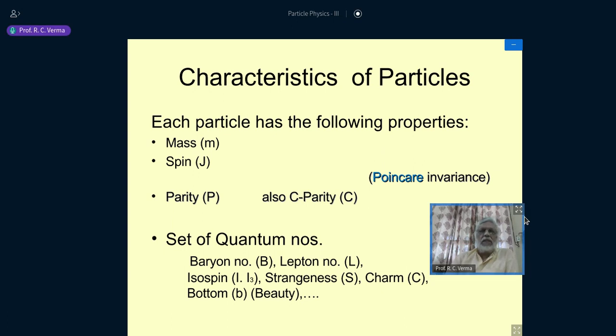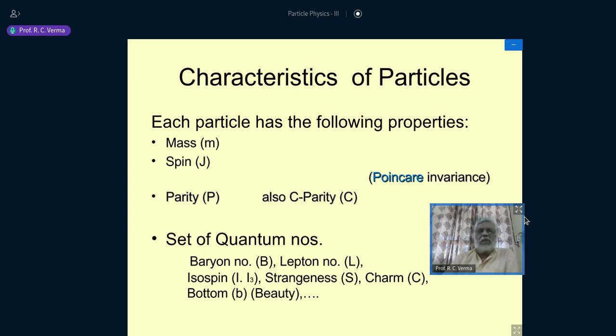Incidentally, those who have studied symmetries may recall that when you combine Lorentz transformation with space-time translations, you end up with the Poincare group, Poincare transformation, and it is a consequence of Poincare invariance that every quantum state must be specified by at least two things, that is mass and spin.